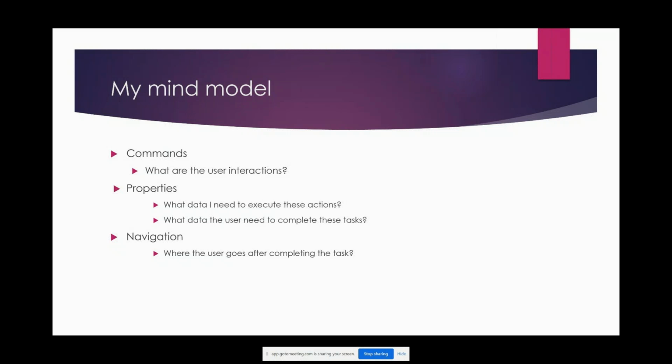My second step is, what is the data I need to finish this action? Oh, it's a user interface for a financial transaction, and I need the source account, the destination account, and the amount. Okay, I found out the properties that I need.